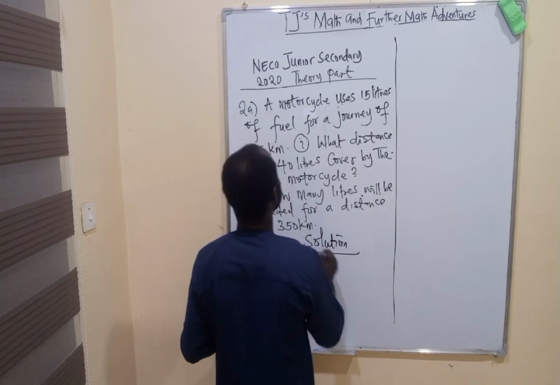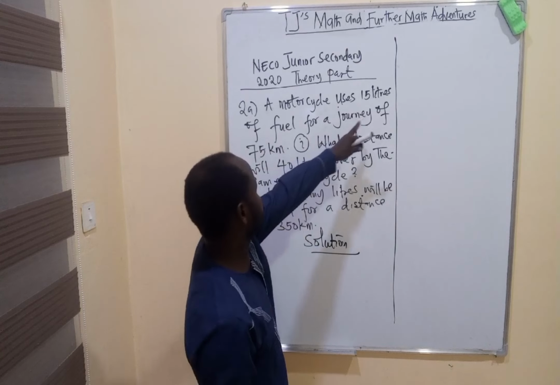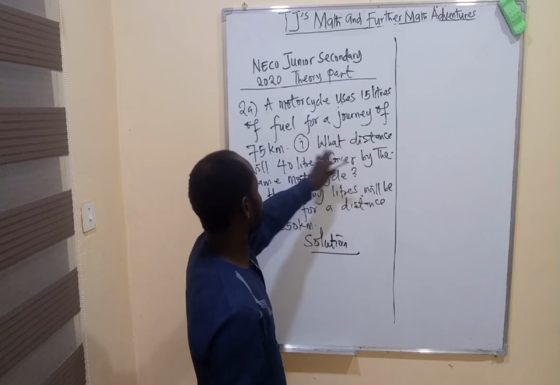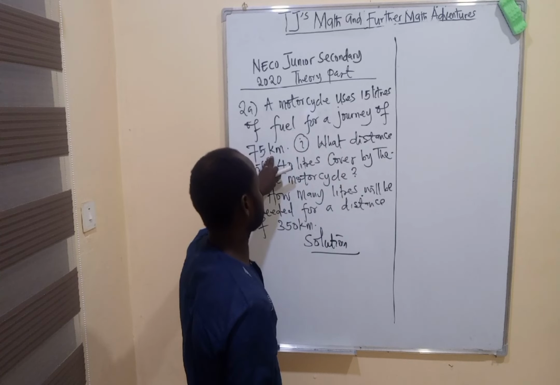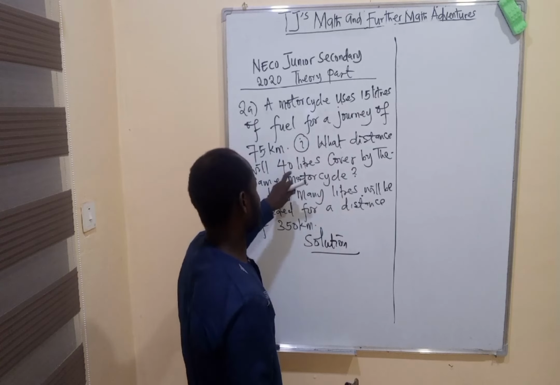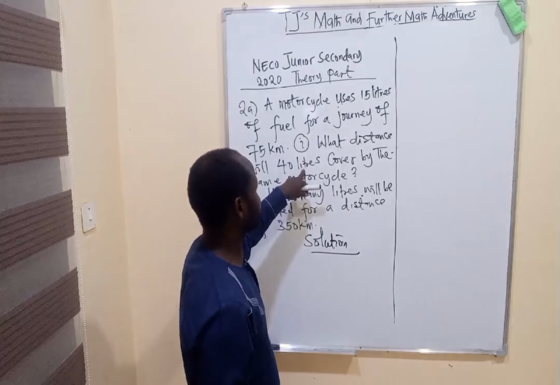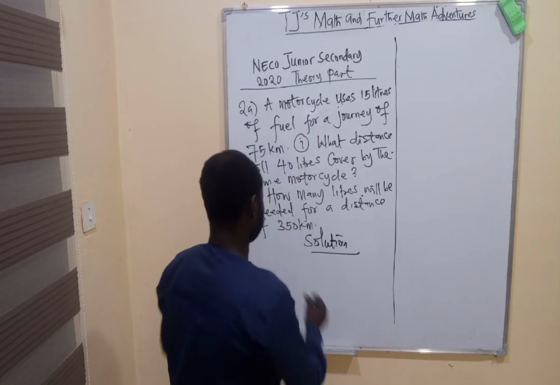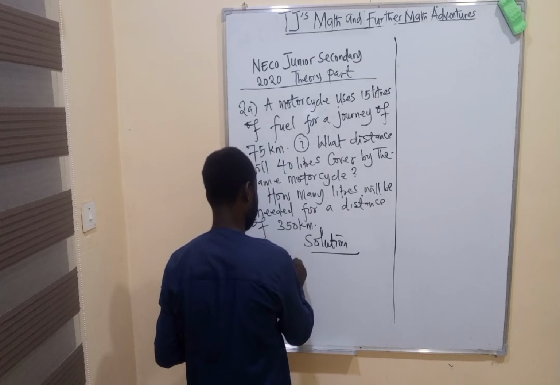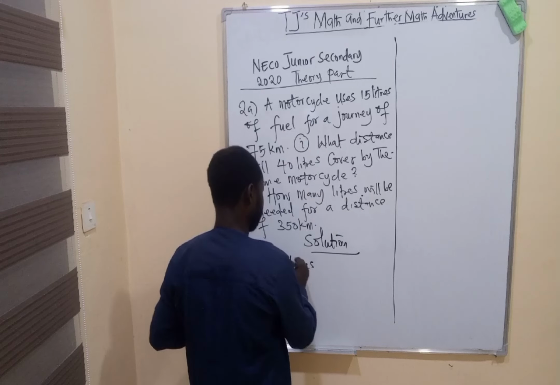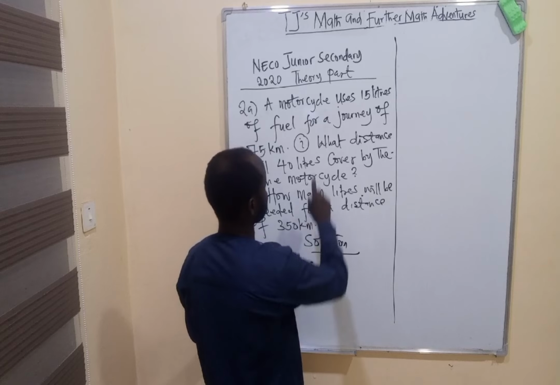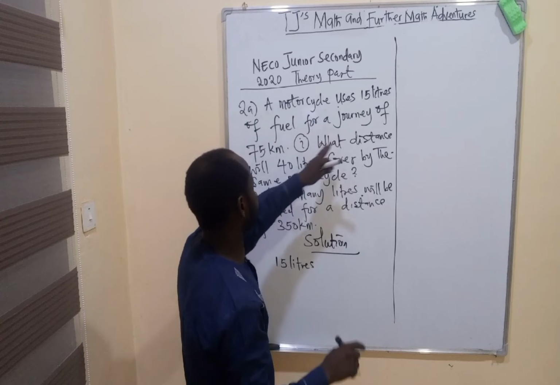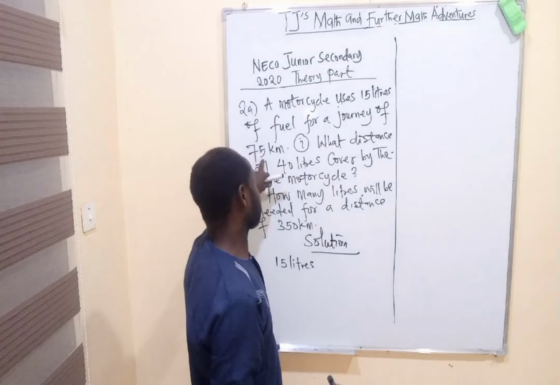Solution now. A motorcycle uses 15 liters of fuel for a journey of 75 kilometers. What distance? We are looking for distance. We are told from the question that the motorcycle used 15 liters for a journey of 75 kilometers.